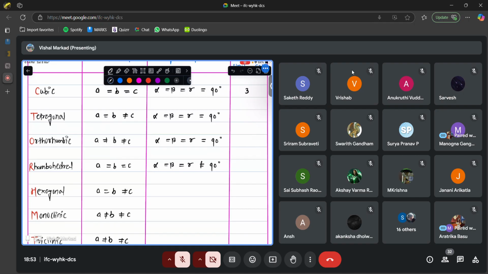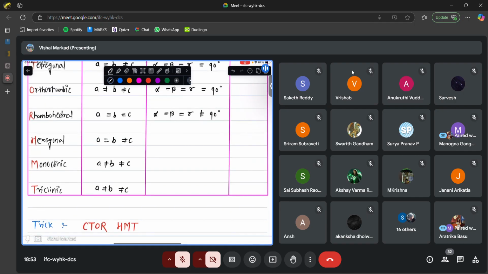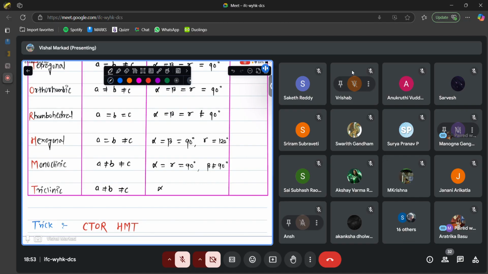Then for the next one, alpha equal to beta equal to 90 and gamma equal to 120. The next one is alpha equal to gamma equal to 90 but beta not equal to 90. And the last one, alpha not equal to beta, not equal to gamma, not equal to 90.